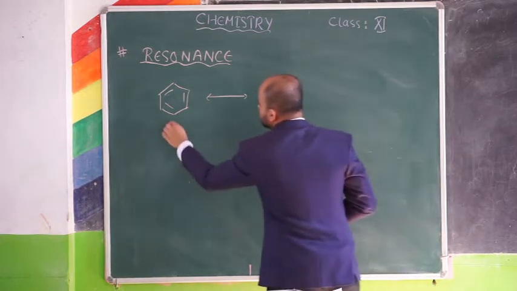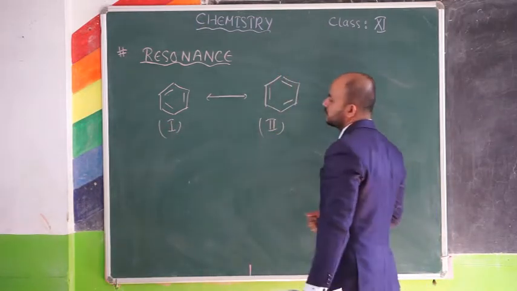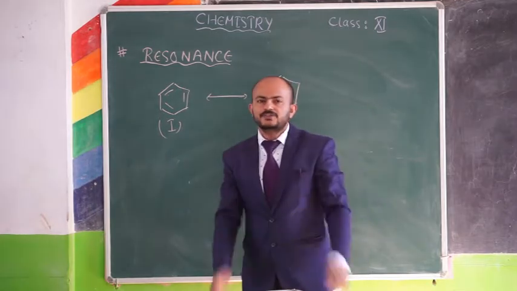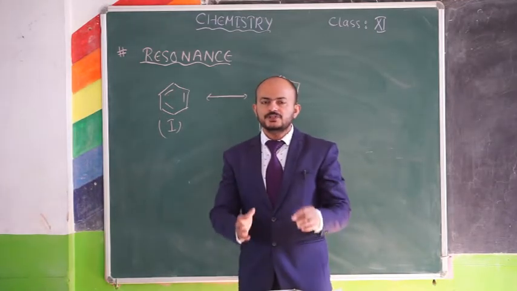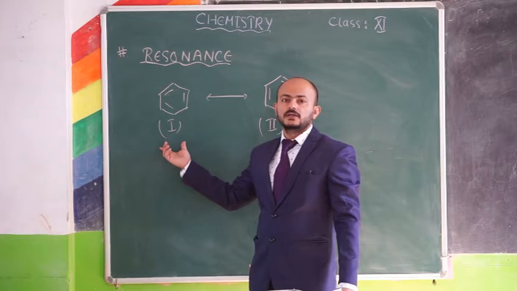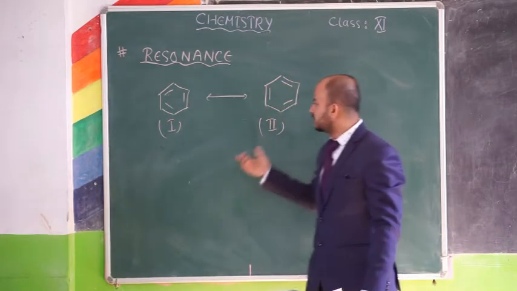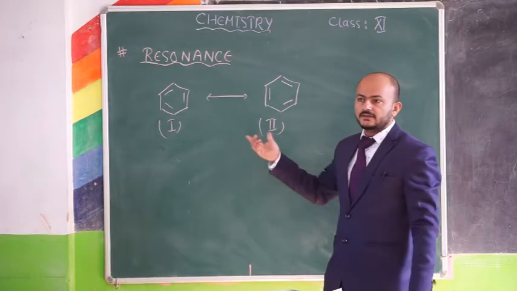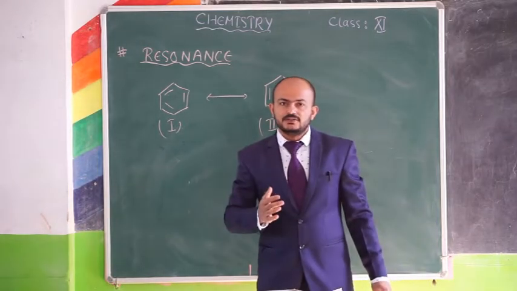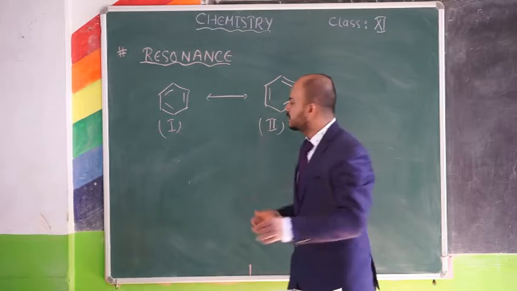This is structure 1, this is structure 2. Now, the actual property of benzene cannot be explained by only this structure, neither can it be explained by only this structure. The actual property of benzene lies somewhere in between, and they have concluded what?